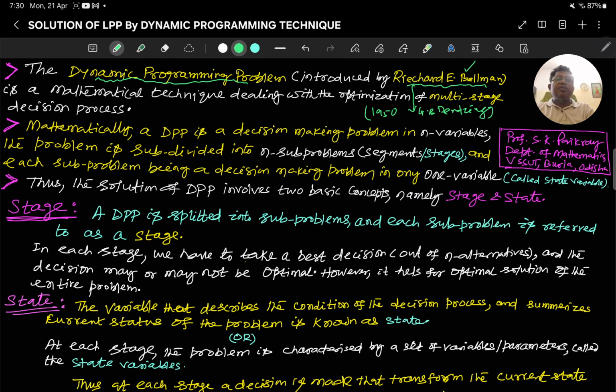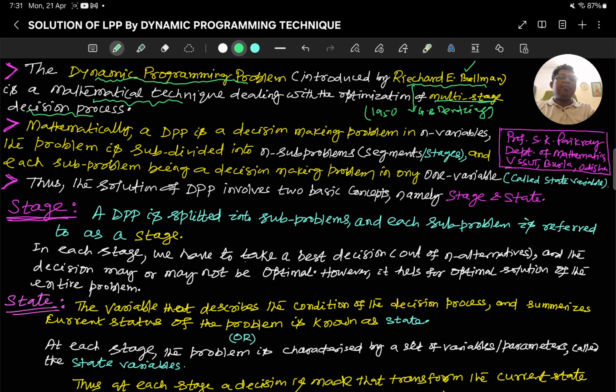Now this dynamic programming problem is a mathematical technique dealing with the optimization of multi-stage decision processes. It means a complicated programming problem is subdivided into different subproblems, and each subproblem is called a stage.